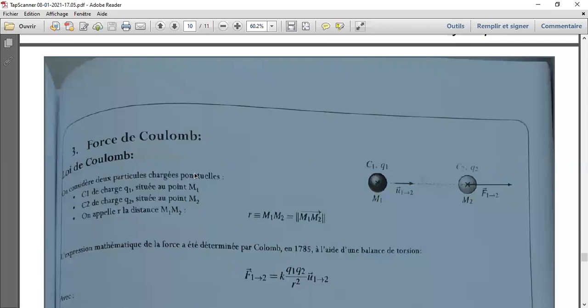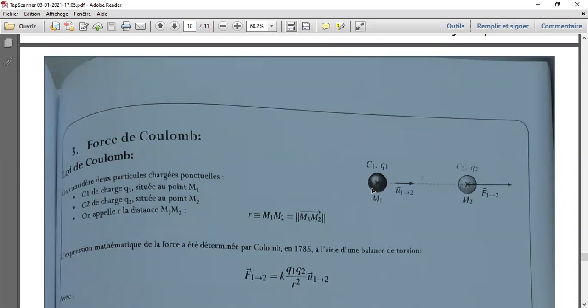So here it continues, saying that C1, the charge Q1, is situated on point M1. They just want to explain that there's a particle named C1, on this side of the diagram, with the charge Q1, situated on point M1.